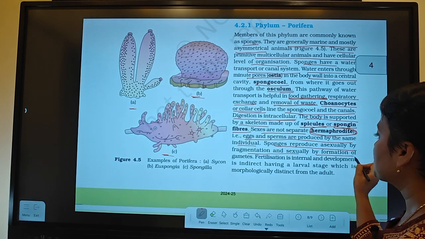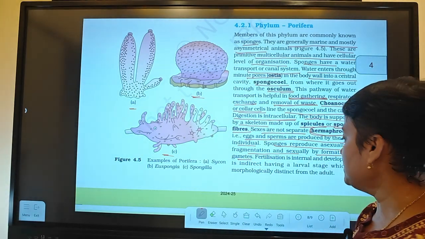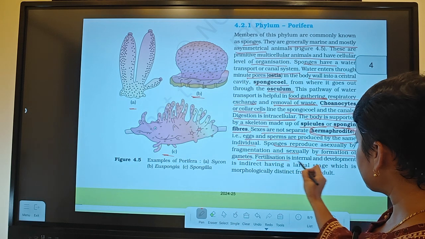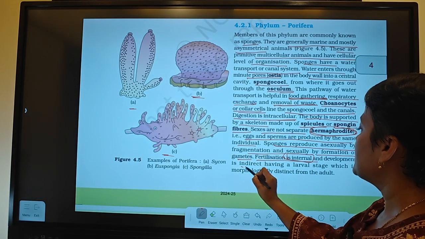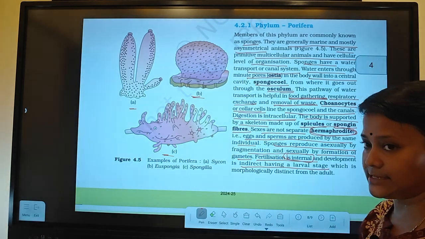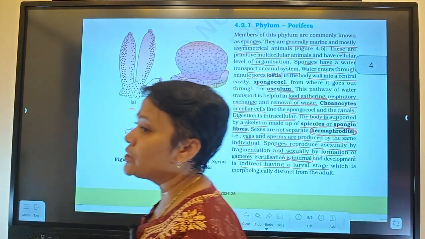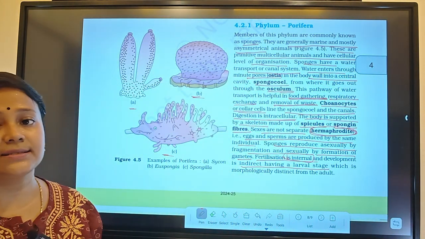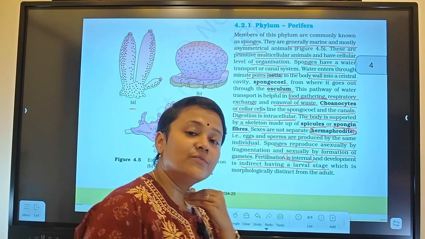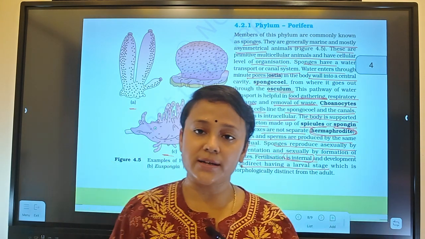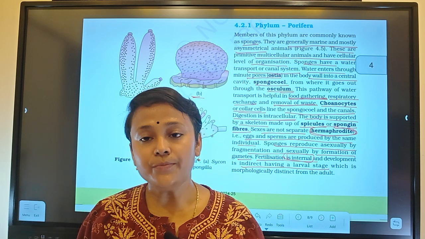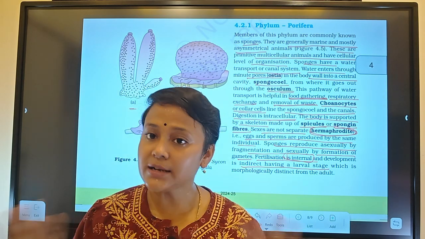Sexually, by formation of gametes. Fertilization is internal, very important, and development is indirect, having a larval stage. The larval stage is morphologically different from the adult stage. So that's what we have discussed. Some extra points I have discussed for your understanding. I hope the concept will be clear.